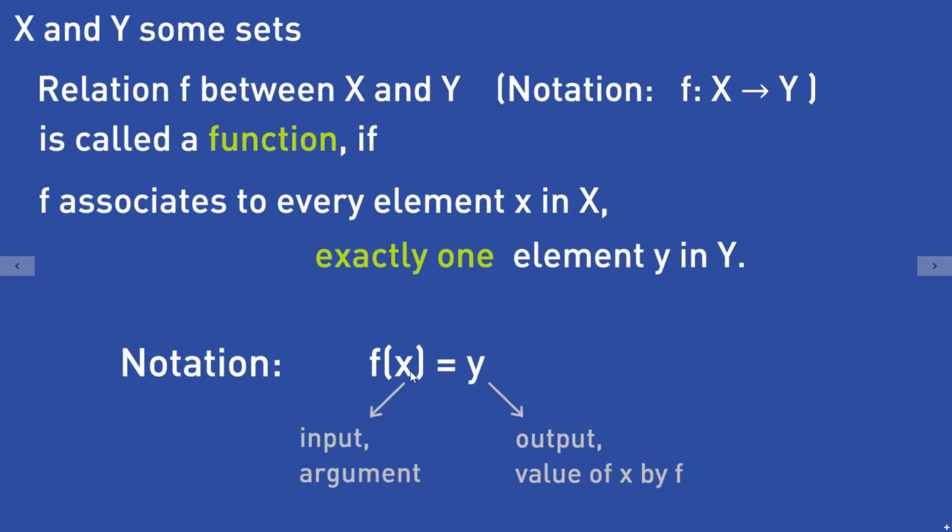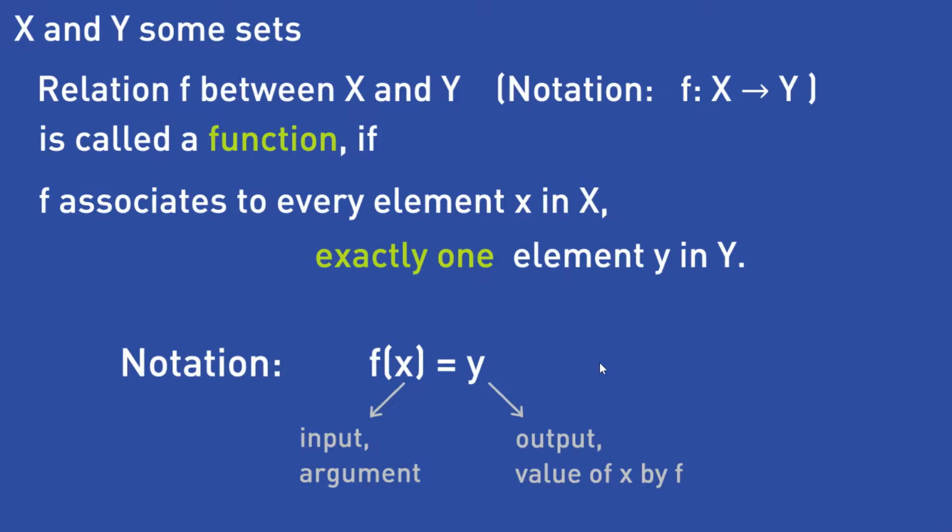Small x is called the input or the argument of f, and y is called the output or the value of x by the relation f.